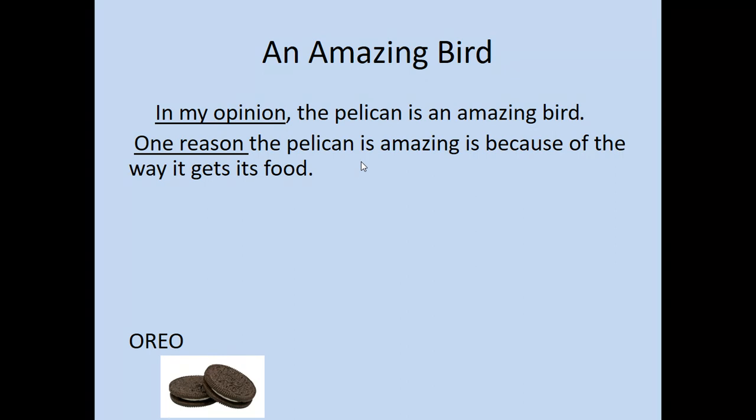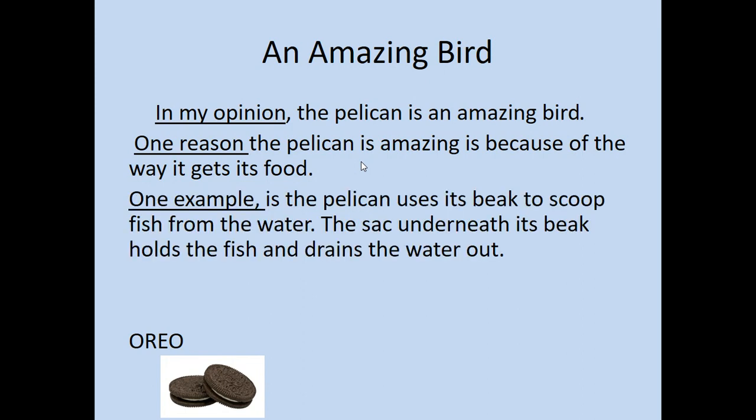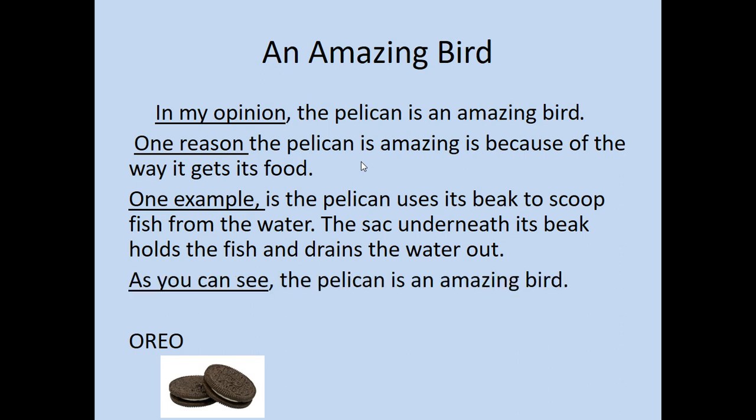Next, I needed an example. One example is the pelican uses its beak to scoop fish from the water. The sac underneath its beak holds the fish and drains the water out. And last, I need to state my opinion again. As you can see, the pelican is an amazing bird.